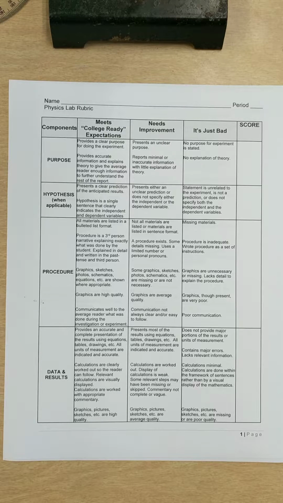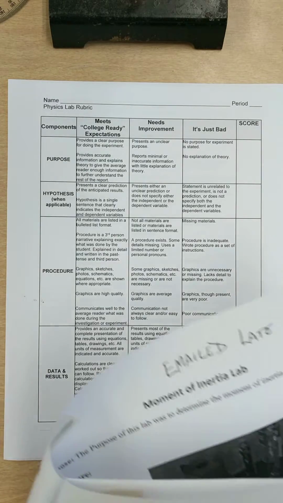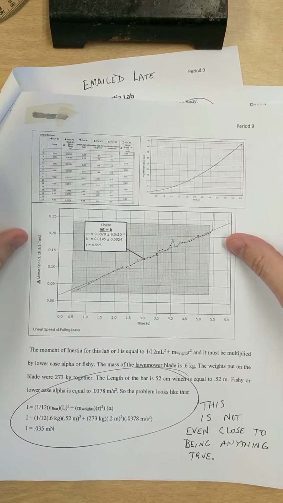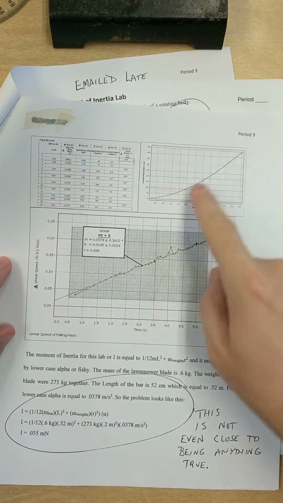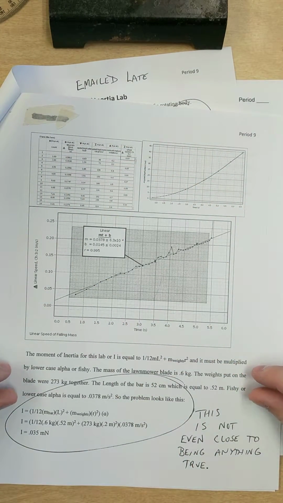When you do the data and results, mainly what you're going to see here are data tables, graphs, and calculations. What you see here, and this is the poorer example, is a bunch of data tables and graphs all together, just everything crammed in there with really little explanation of what's going on.